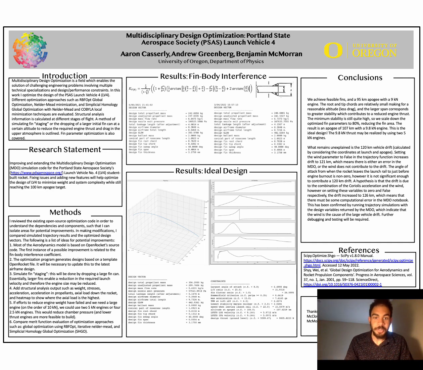While this was good, the minimum stability of the rocket was still a bit higher than the minimum that we desired, or the minimum acceptable. And so I scaled down the fins, and this improved it. This was even better, and reducing the fin area actually led to an apogee of 107 kilometers with a 9.8 kilonewton engine.